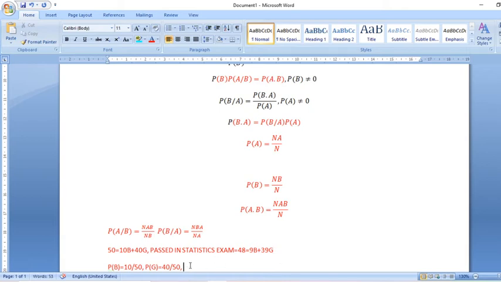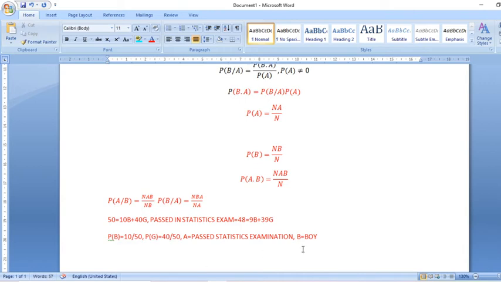So what is the probability of passing the statistics examination, given the information that the student is a boy? Suppose A represents the event that the student passed the statistics examination, and B represents the event that it is a boy.